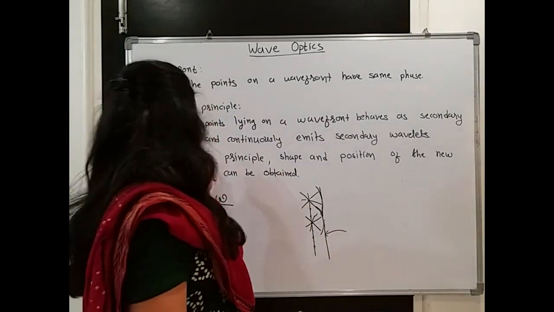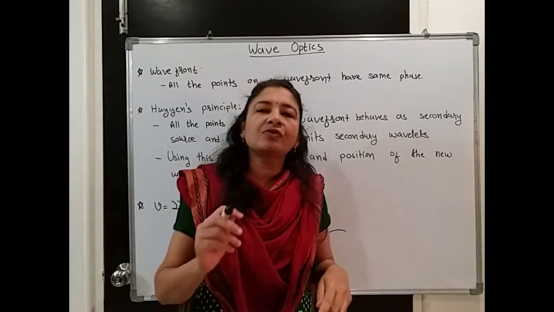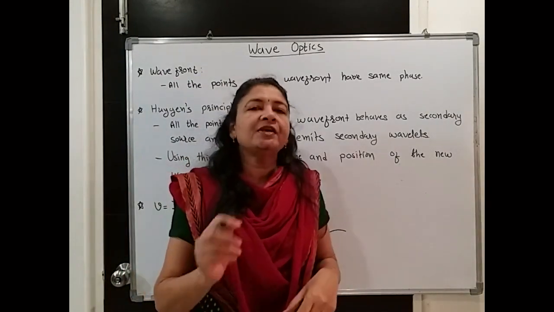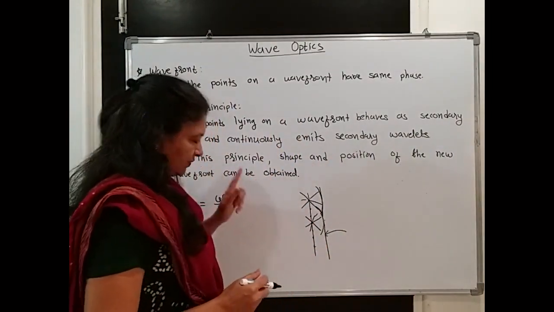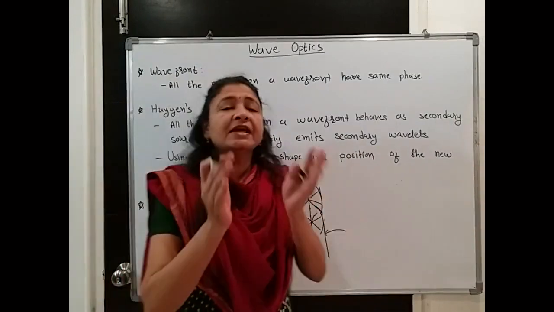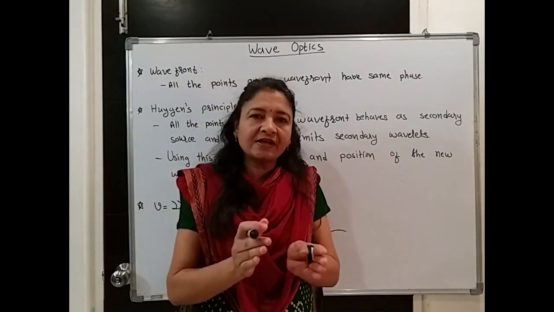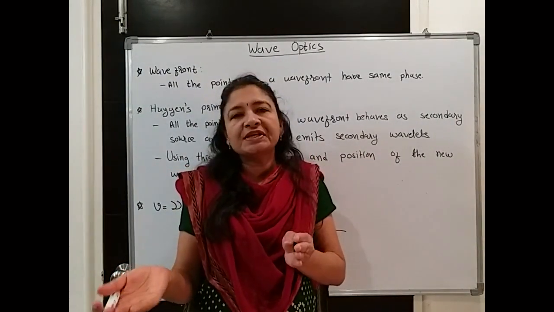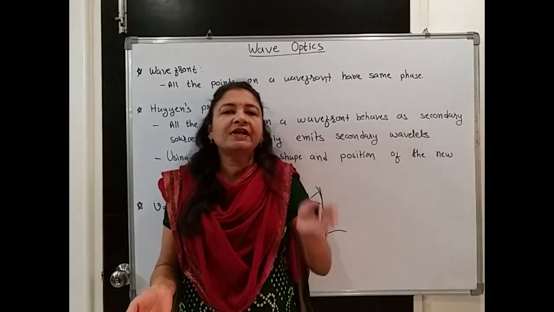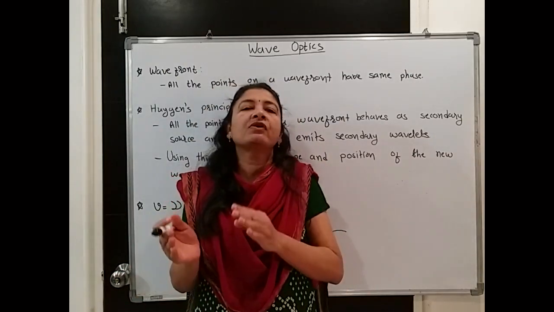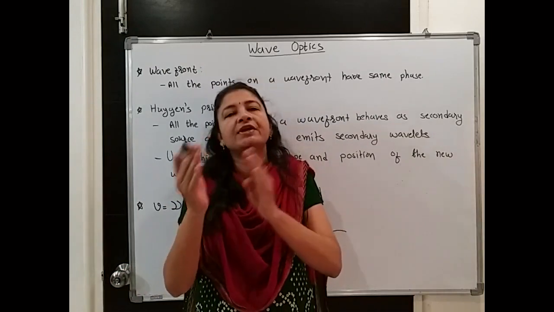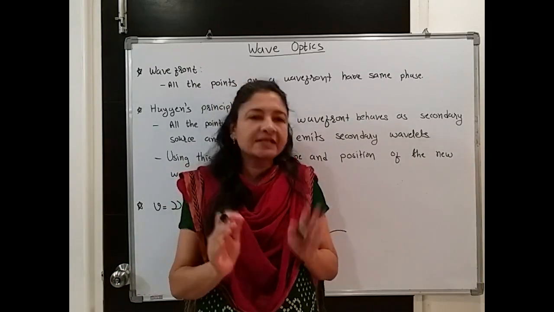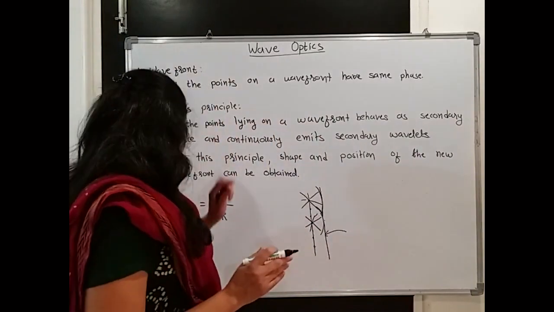So we can say that using the principle of Huygens, we can find the position and the shape of the new wavefront. Remember that if the original wavefront is spherical, the new wavefront will also be spherical. If the original wavefront is plane, the new wavefront will also be plane. That means the shape of the original wavefront and the new wavefront remains the same. So this is Huygens principle.